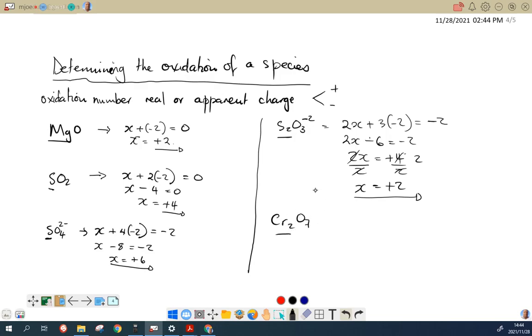Cr2O7, we want to know the oxidation number of the chromium in the dichromate ion, and then chlorine in the chlorate ion, and then KMnO4, that Mn, and then K2MnO4, and let's have another one, MnO4, MnO3, right?